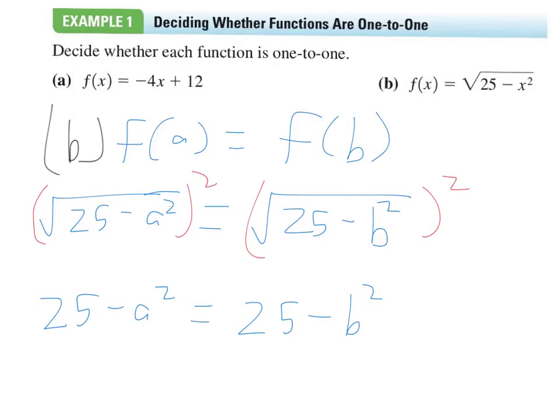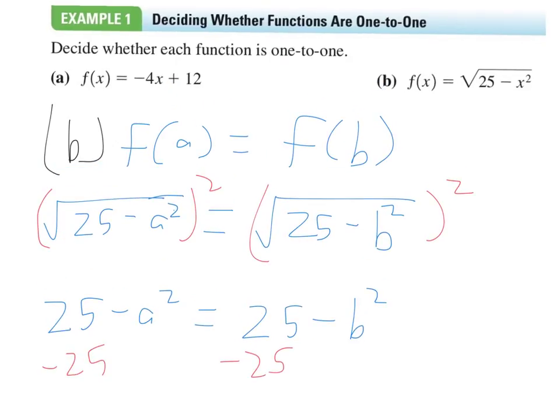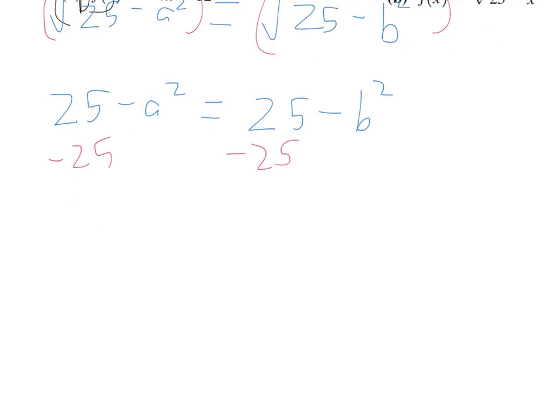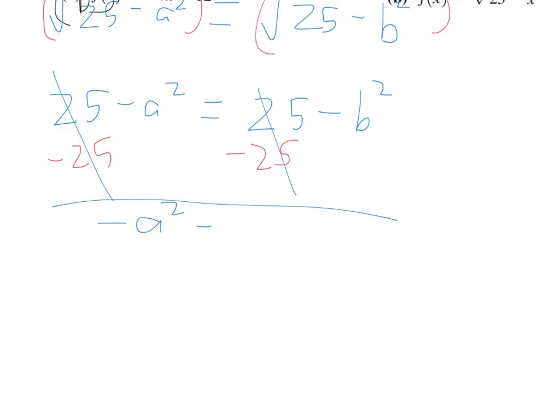Now, if we subtract 25 from both sides, those would cancel out, so it would be minus a squared is equal to minus b squared.